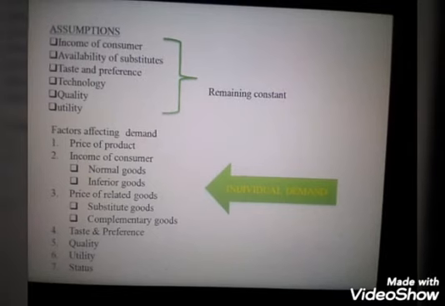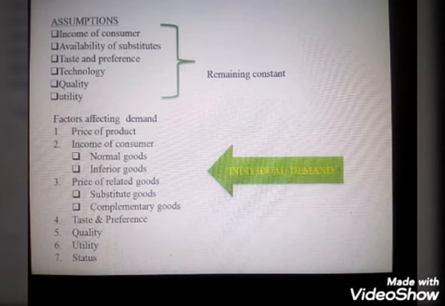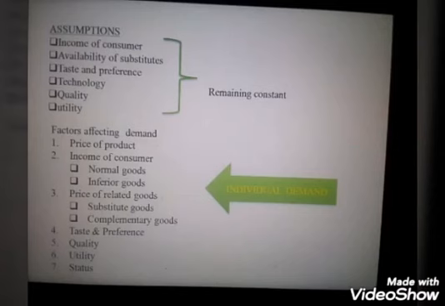Moving on to the next topic, factors affecting demand of a product. Demand includes individual demand and market demand. Individual demand is the demand of an individual, that is, the quantity of a commodity demanded by an individual at the prevailing price at a particular point of time.